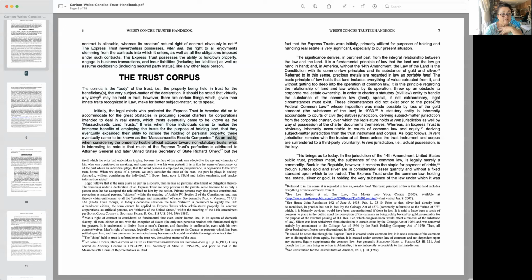As an aside, when considering the presently hostile official attitude toward non-statutory trusts, what is interesting to note is that much of the express trust's perfection is attributed to Attorney General and later United States Secretary of State Richard Olney.